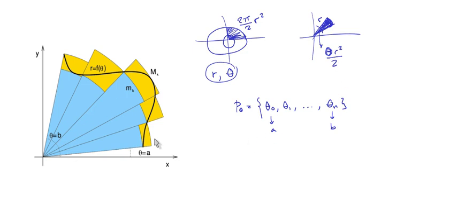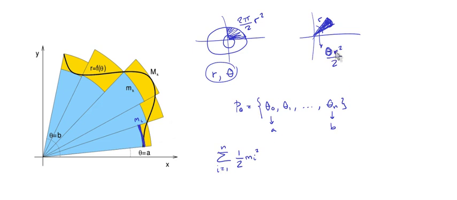Then we have what we can approximate as the lower sums and the upper sums, just like when we did with the rectangles in the last unit, right? For the Riemann sum, the lower sum is going to be the sum from the first interval to the nth interval of 1/2 times the minimum value of this radius in this interval, so this is m_i squared, the radius squared.